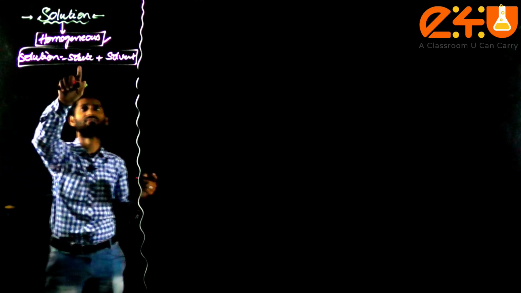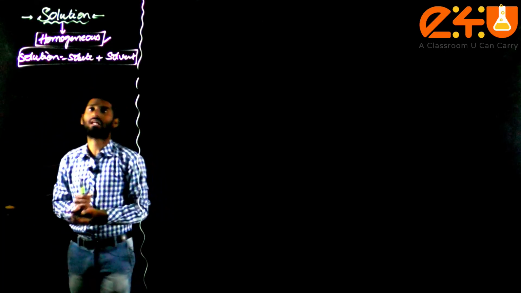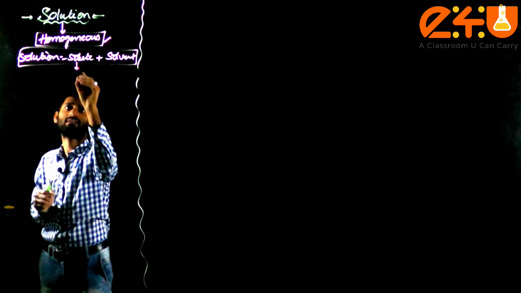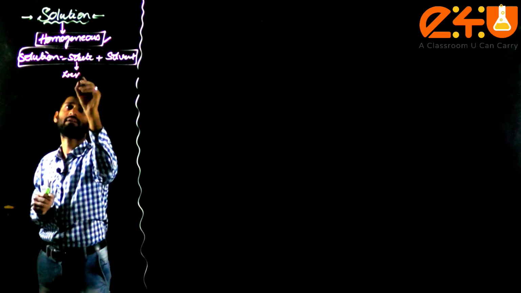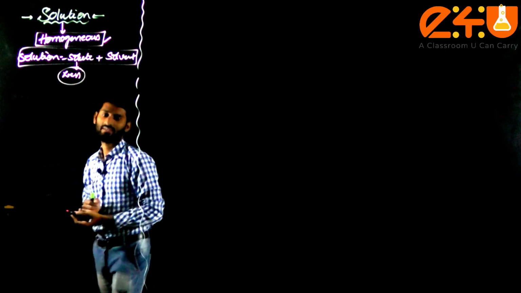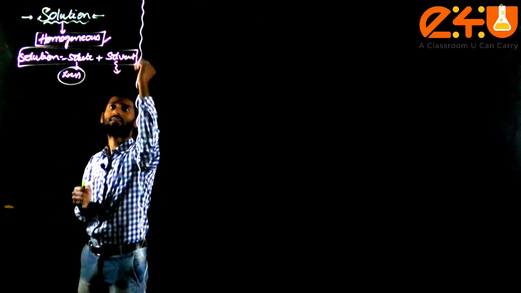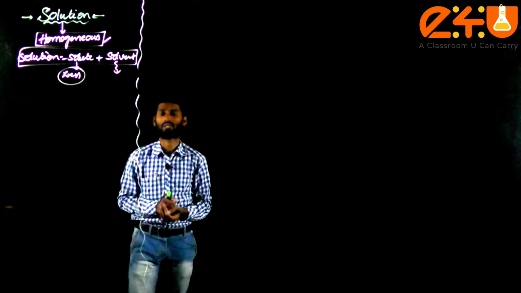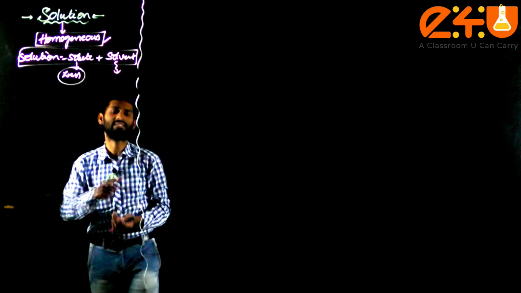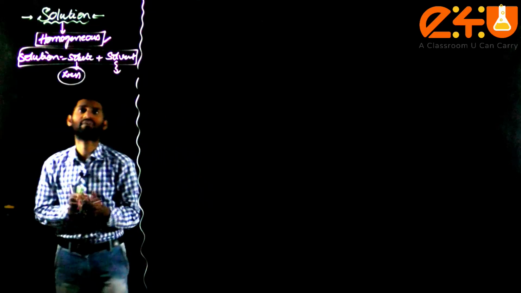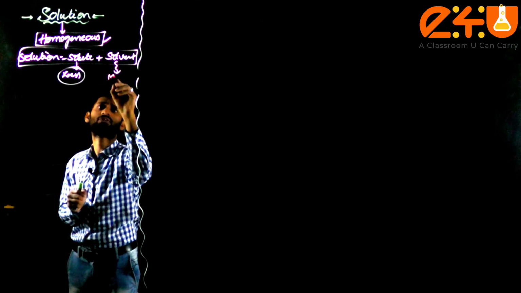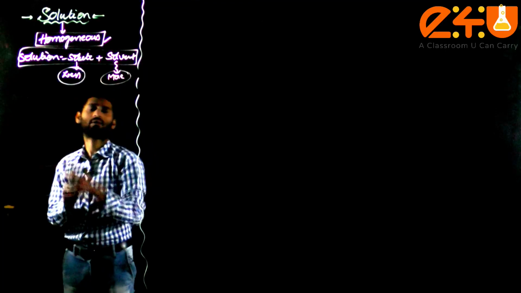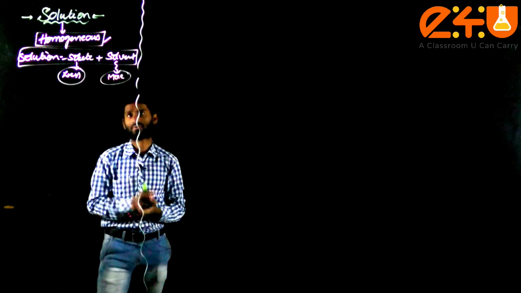Already we know, the component of the solution which is dissolved in the solvent is known as solute. Generally the solute present in the solution is in very less quantity. Next, what is meant by solvent? The component of the solution which dissolves the other component in it is known as solvent. Generally in a solution a large amount or more quantity of the solvent is present.